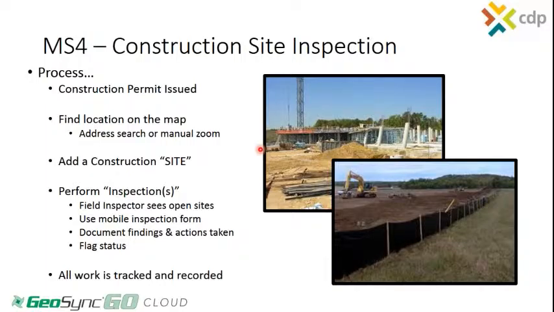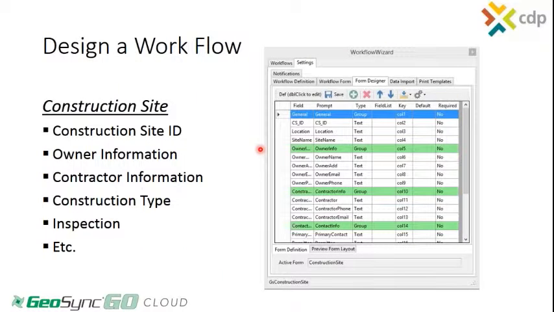On a regular basis, a field inspector will go out and see the sites that are open and use a mobile device inspection form to do regular inspections on that site to make sure everything's going as it should as far as the stormwater protection of the MS4. The inspection will document findings, any actions that were taken, and flag the status of the site. All this work is, as usual with GeoSync GO workflow solutions, tracked and recorded for future reference and analysis.